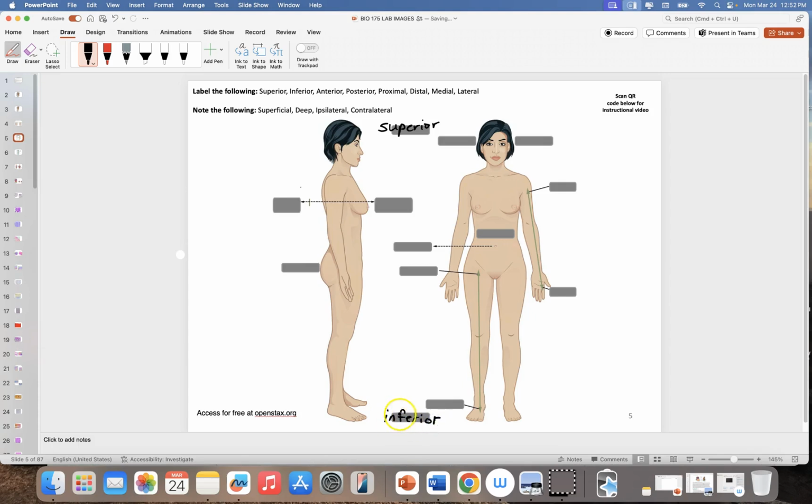We can use this terminology to compare two different structures. The eyes are superior to the nose. The chin is inferior to the mouth.